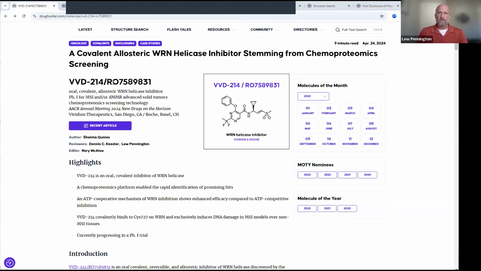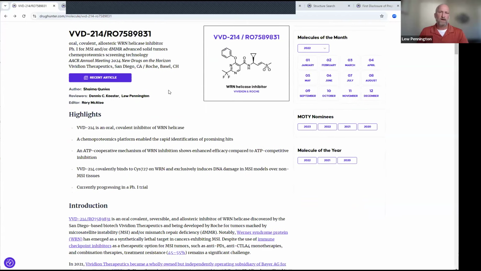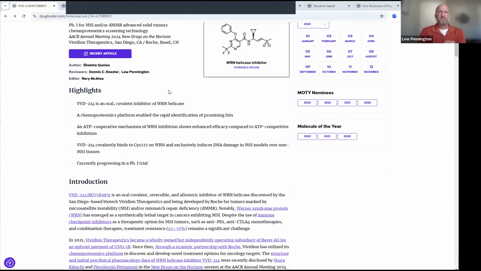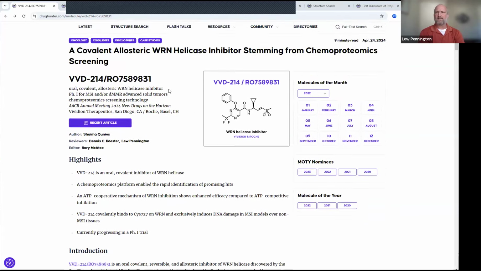This is a really fascinating molecule and drug discovery story that we've covered in a number of different contexts here at Drug Hunter. We do that because it is so fascinating, all the way from the therapeutic hypothesis to the pharmacological profile of the molecule.